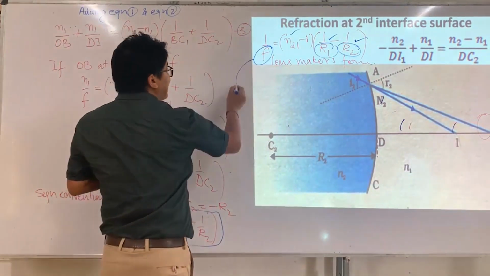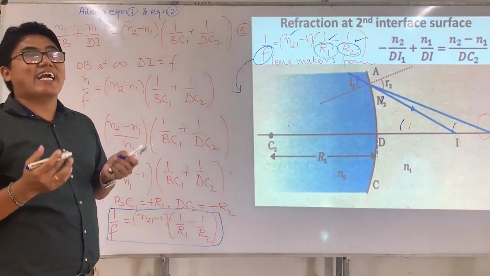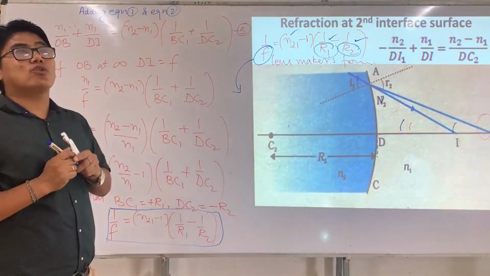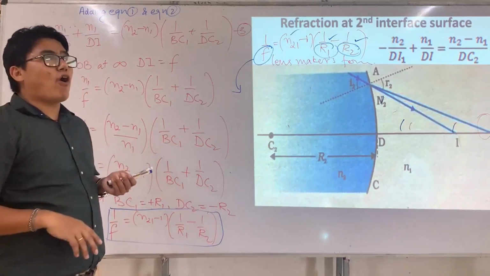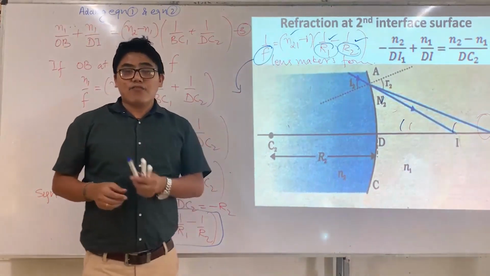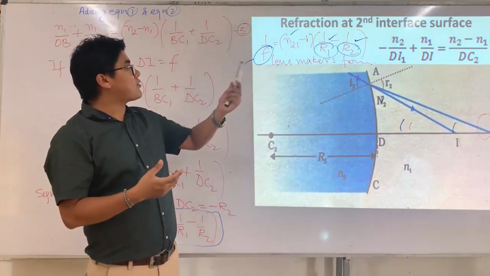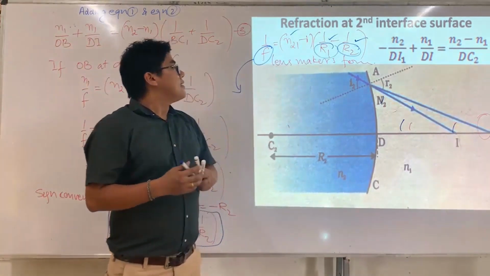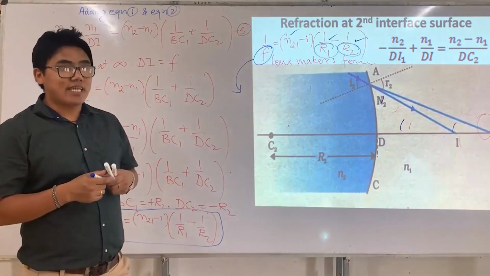So focal length is the property, the characteristic of a lens. The characteristic of a lens mainly depends on three important factors: the refractive index of the medium with respect to air, and then the first curvature and the second curvature.